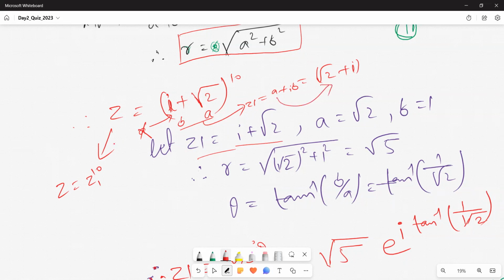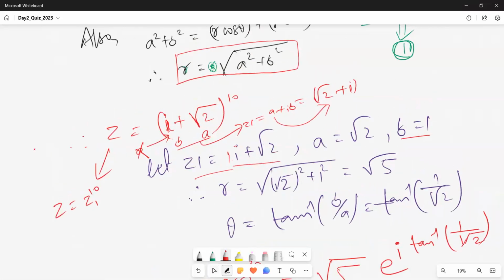B, the coefficient of iota, is 1 here, so B is 1. Now when you calculate R, from this formula R will be under root of A square plus B square. When you do this, we'll have root 5.